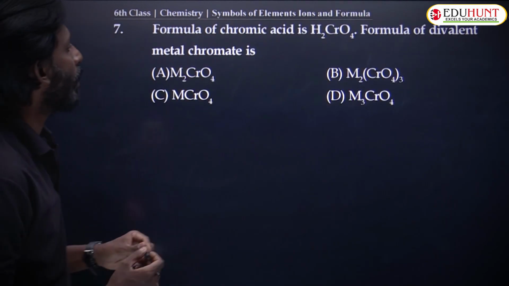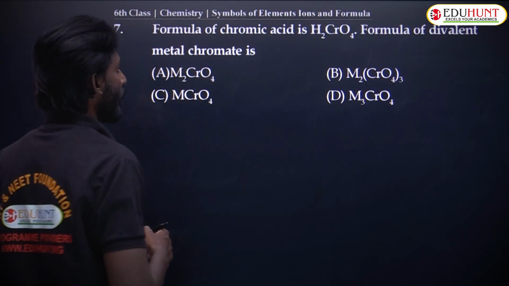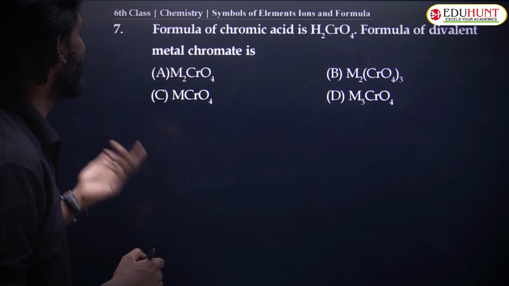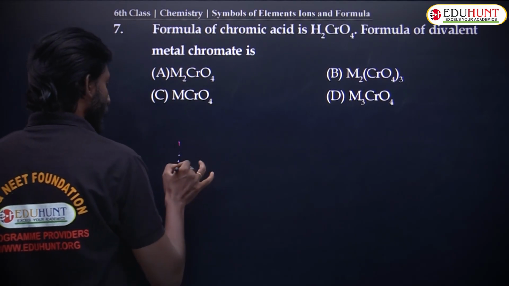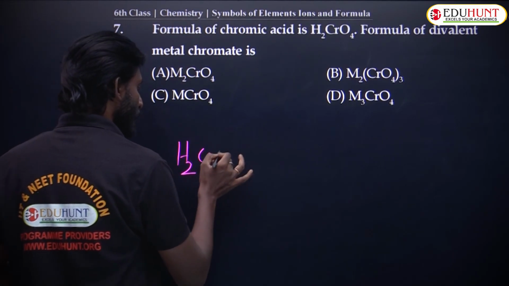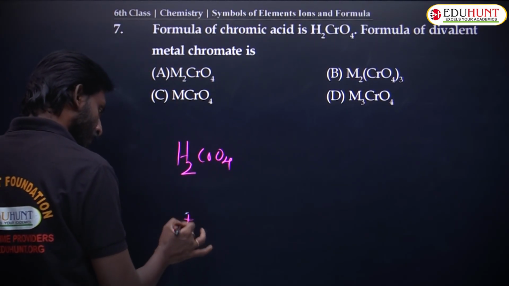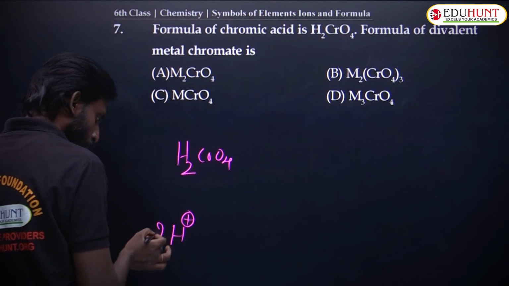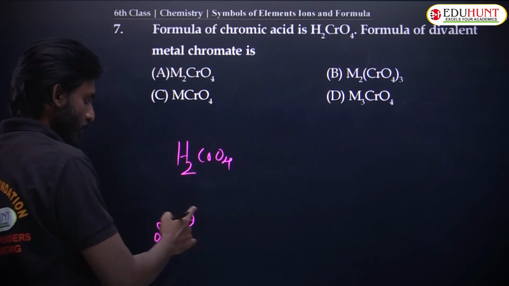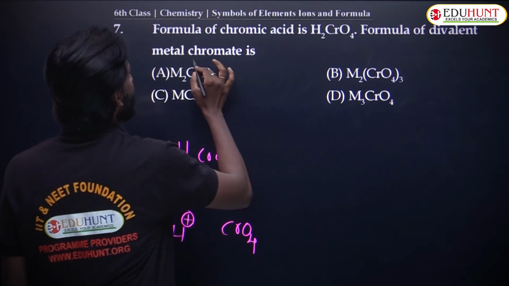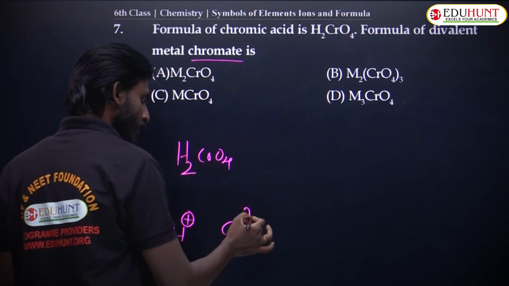Next, formula of chromic acid. Formula of chromic acid is H2CrO4. Then the formula of divalent metal chromate. See, the point is chromic acid H2CrO4. We know very well hydrogen is H plus, and how many hydrogen? 2 hydrogen. That means total 2 plus. It means that the chromate anion has 2 units negative charge.